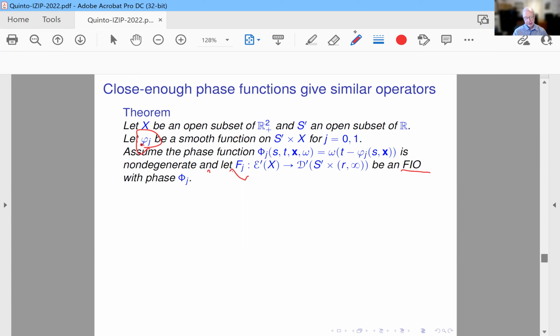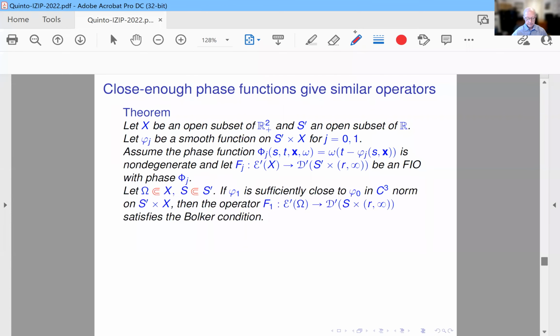Let F j be an FIO with this phase function. Now, we take a precompact subset of X, a precompact subset S of S prime, and if phi 1 is sufficiently close to phi 0 in C3 norm, then the operator F1 satisfies Volcker.